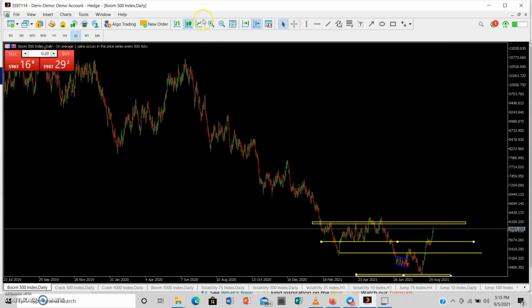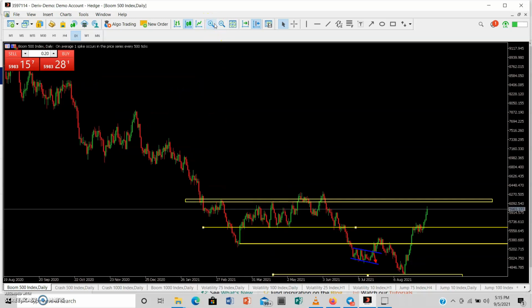Throughout this week we can expect price to at least reach our resistance zone, and from that point probably either there will be a breakout of this, leaving this as the new support zone and forming a new resistance zone above it, or we can still respect this resistance zone and come back down to this level.